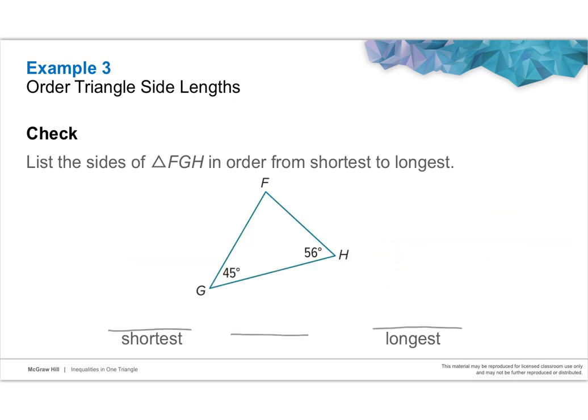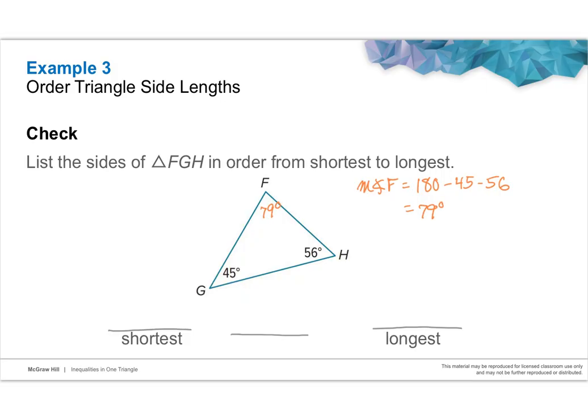Our next check, in triangle FGH, we're now putting the sides in order from shortest to longest, but we need to first of all find our missing angle F. The measure of angle F is going to be 180 degrees minus the measures that we know, or 79 degrees.